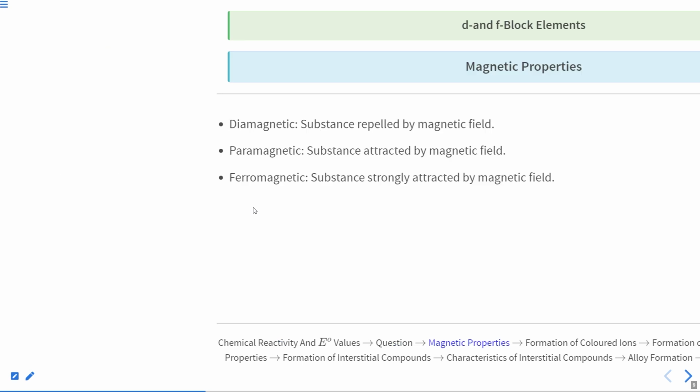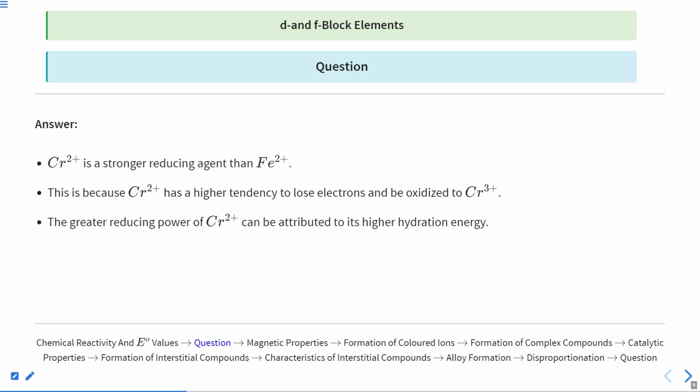The d orbital gets split in the octahedral field, creating three degenerate orbitals in the lower set and two degenerate orbitals in the upper set. As Cr2+ moves to Cr3+, it moves to half-filled lower set orbitals. For that reason, it has a greater reducing tendency than Fe2+.